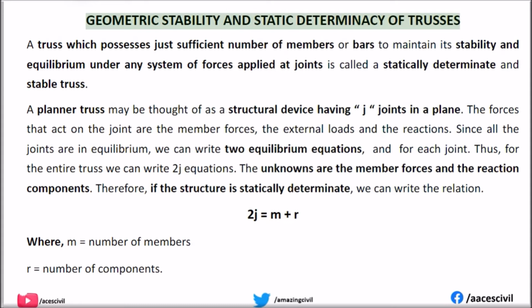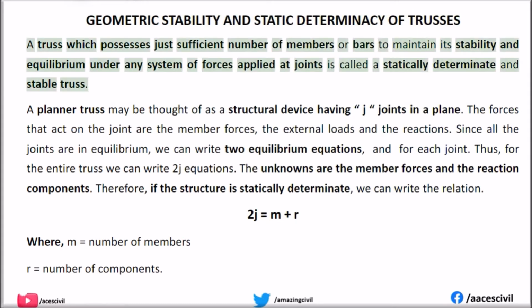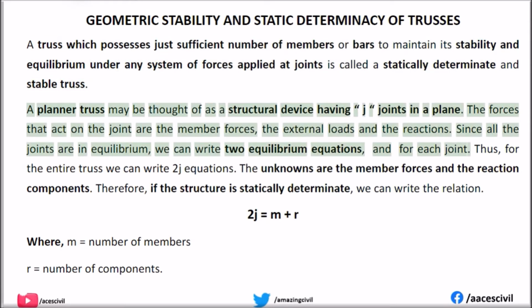Geometric stability and static determinacy of trusses. A truss which possesses just sufficient number of members or bars to maintain its stability and equilibrium under any system of forces applied at joints is called a statically determinate and stable truss. A planar truss may be thought of as a structural device having J joints in a plane.